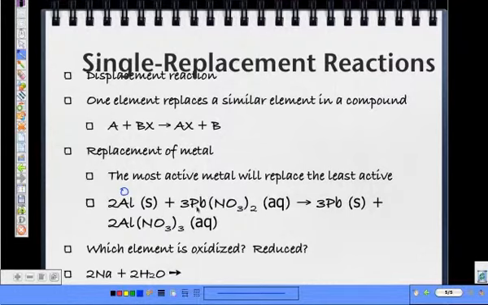Lead is our single element, but it's lead 2, so it's +2. Oxygen is -2, which means there's 6, 12. So that's plus 10. So at plus 5 for an oxidation number.